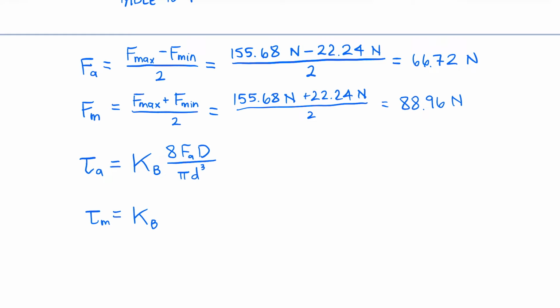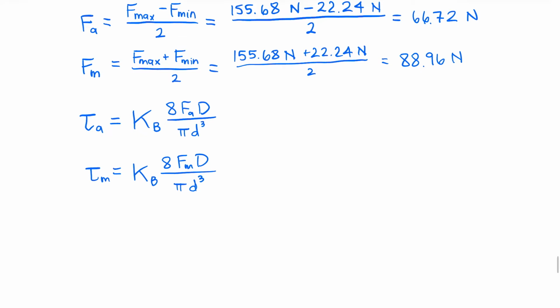It's KB times 8 FM capital D over pi lowercase d cubed. Okay, so KB is the one thing we don't already have yet, and the formula for that is 4 times C plus 2 over 4 times C minus 3. Remember that C is our spring index, which is our mean coil diameter divided by the wire diameter.